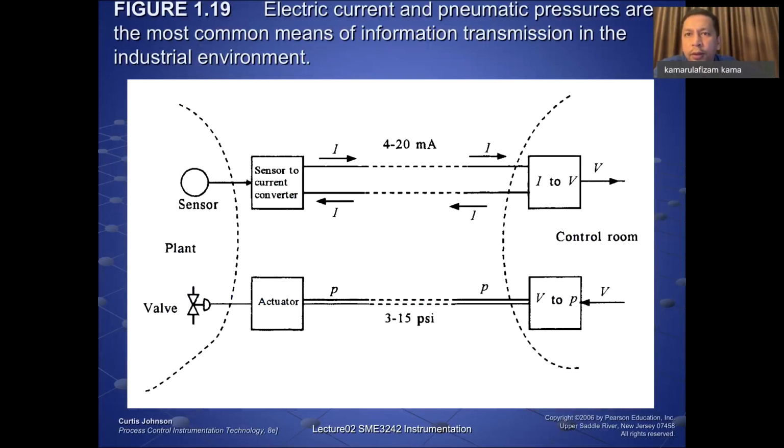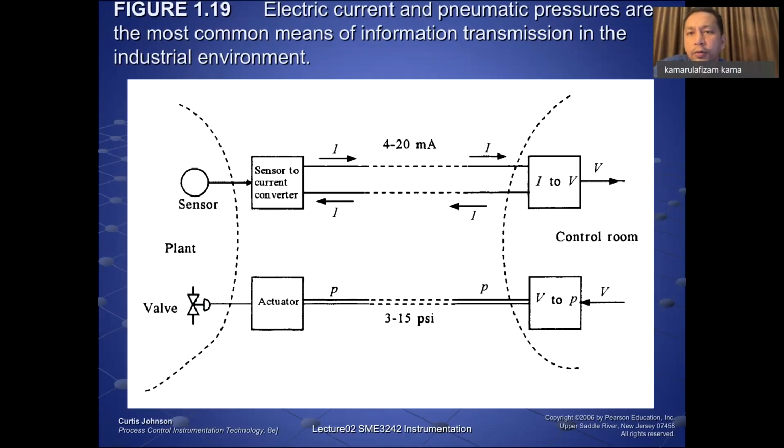The sensor is sending information in terms of current, so you have 4 to 20 milliamps on the line, and on the control room side you need an I to V conversion, current to voltage conversion, because most systems work in voltage. So the conversion is essential just for the transmission system.